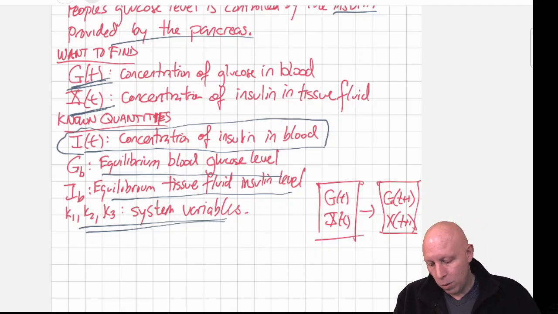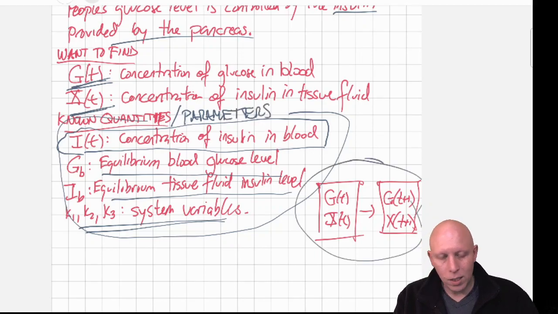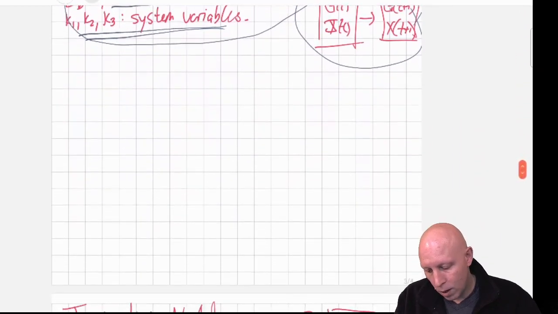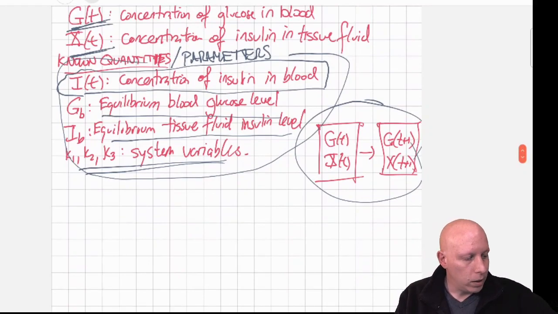But given these quantities or parameters, our goal is to create this differential equation system. We want to see how these concentrations are changing over time. Okay, so let's write down these equations.